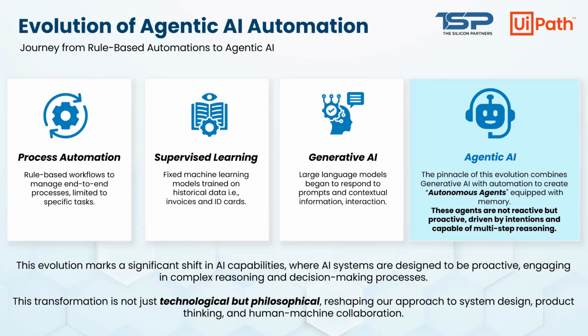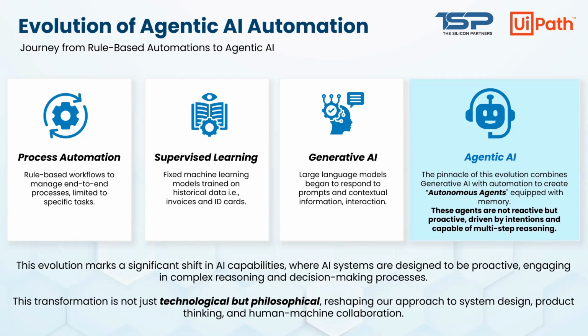And that is where the evolution of agentic AI happens, at the pinnacle of the evolution, combining the experience of generative AI with automation and creating autonomous agents equipped with memory. Earlier, the robots did not have memory; they had task-based processes which they followed through and completed.